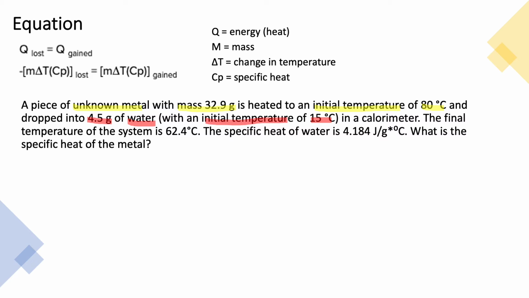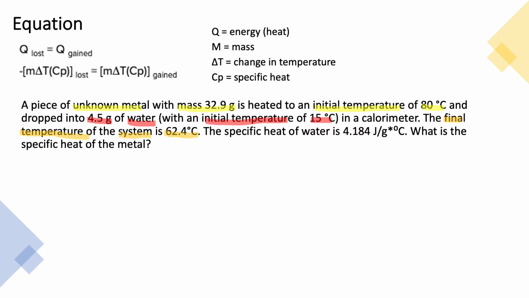So whenever I see the word system, that means everything combined here. And since we're taking that metal and we're putting it in the water that is inside of the calorimeter, all of that together, the metal and the water, are going to have a final temperature of 62.4. So again, that 62.4 degrees Celsius as the final temperature is going to apply to both of those things.